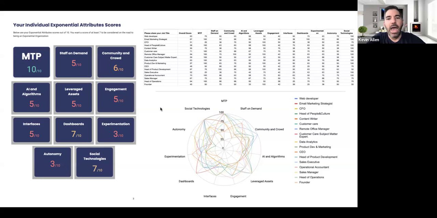So a wide range of people, and you'll see we had scores ranging from 45 up to 71 in terms of the overall exponential quotient score.